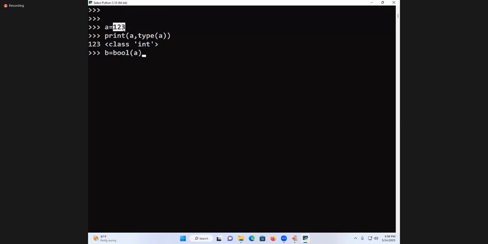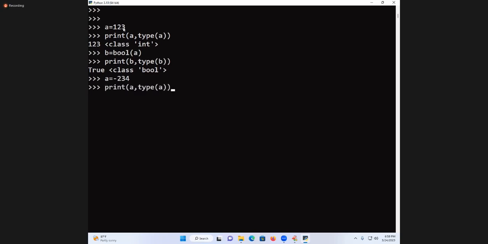It is non-zero. Non-zero values are true. Print the value of B, students. What is the answer? True.